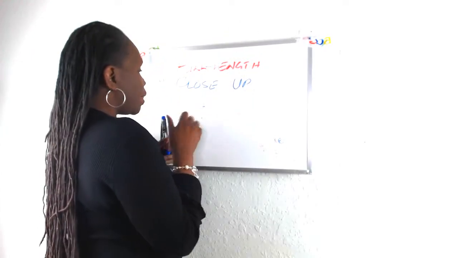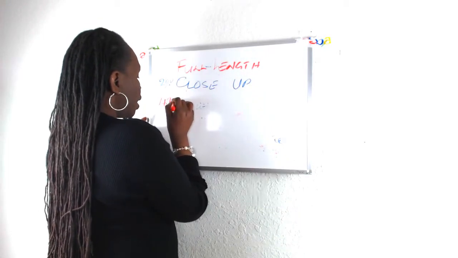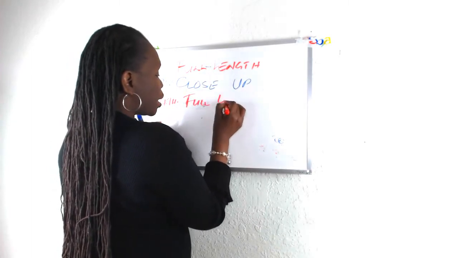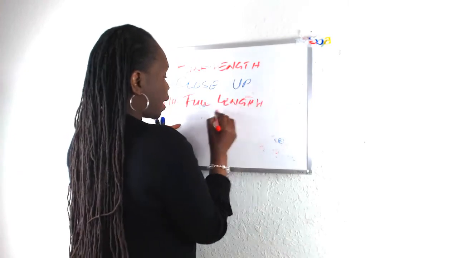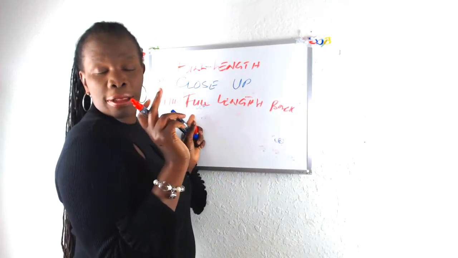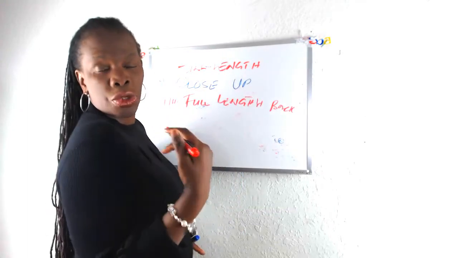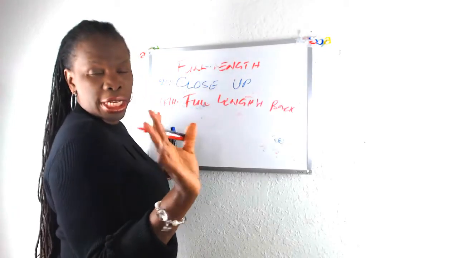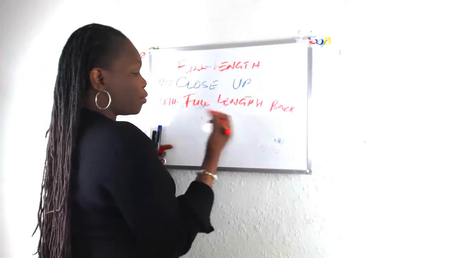And then the fourth photo for me is going to be the full length of the back of the item. So the fourth photo for me is the full length of the back of the jeans or the dress or whatever it is. With shoes it's totally different. I'm going to do a separate video on how you list shoes and boots.